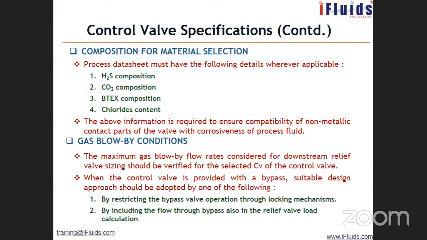So, by restricting the bypass valve operation through locking mechanisms, and including flow through bypass also in the relief valve load calculations. When you have some safety relief valve in the downstream of the control valve, we have to give these bypass conditions and any restrictions in the bypass valve operation. These things we have to mention.